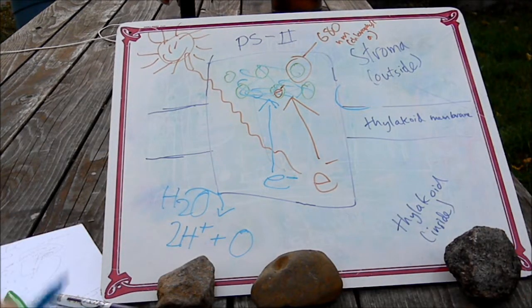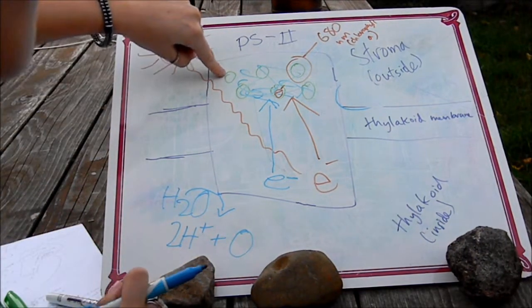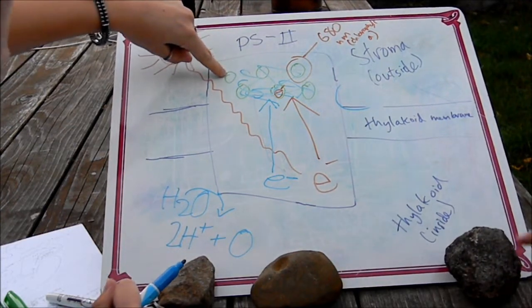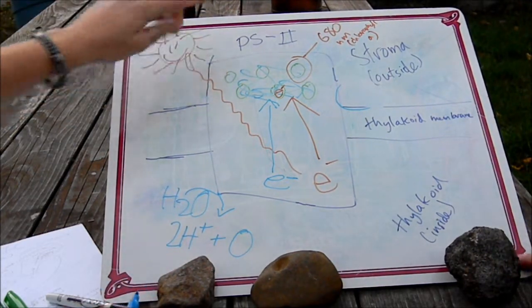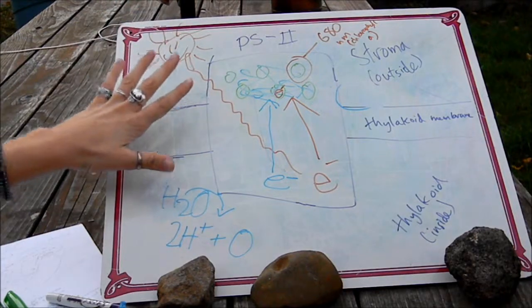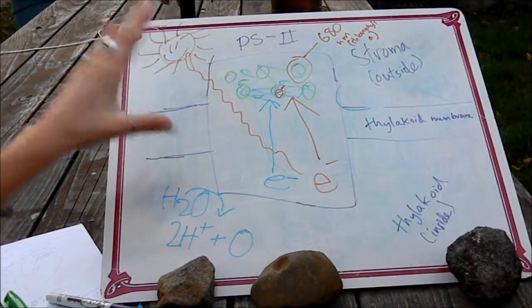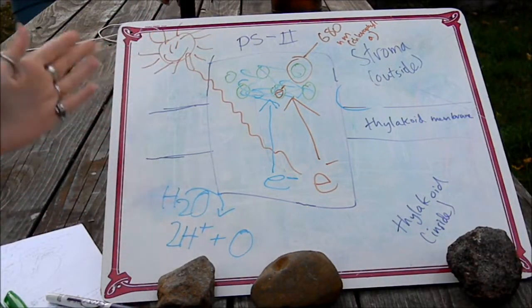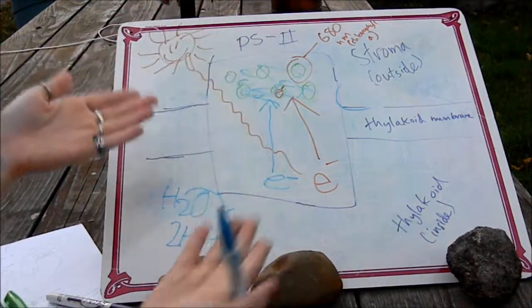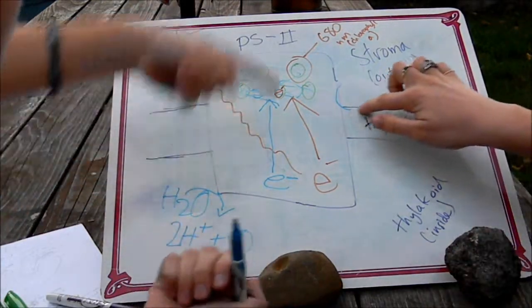So basically the reason chlorophyll is green is because it reflects green light. And it absorbs red light, which is used to turn electrons into chemical energy, basically.